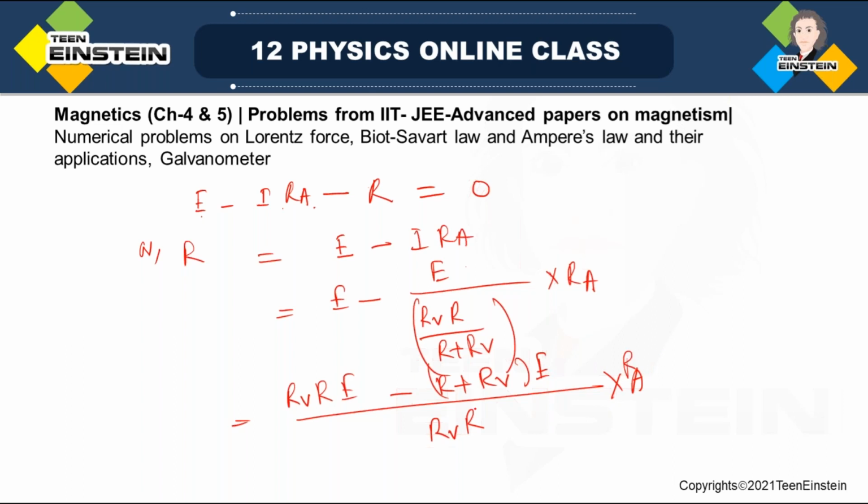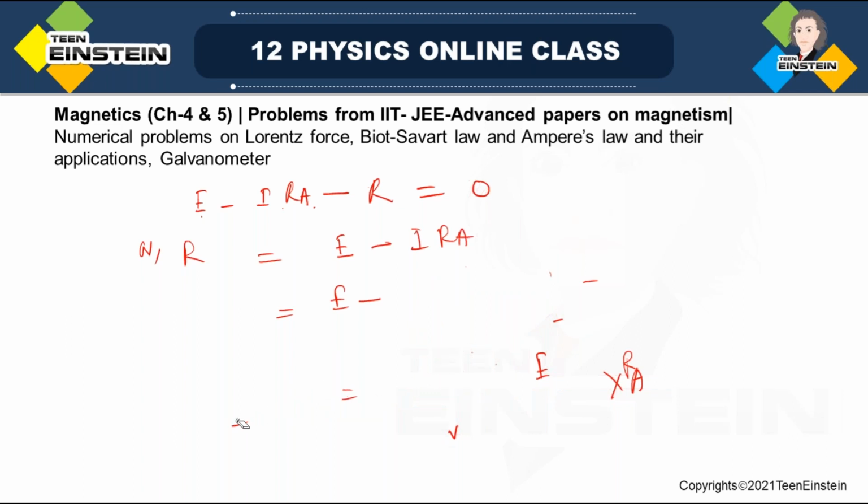if you try to do the simplification, okay, there will be one RA here. So I'm sorry, I'm just writing the value of I. We have already found out what is I, that I'll just write it here and try to solve it.